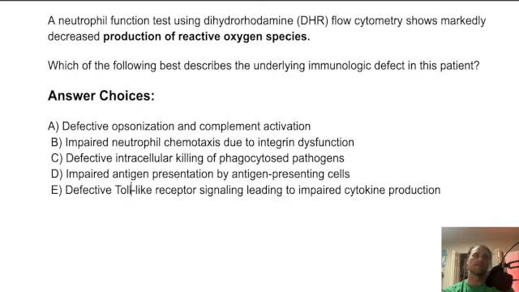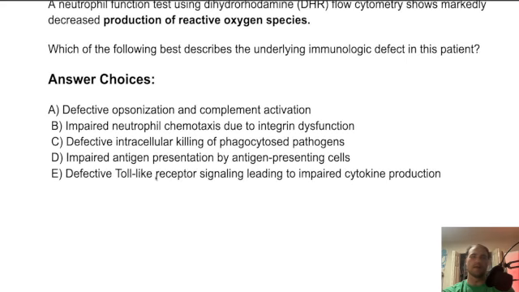E, defective toll-like receptor signaling leading to impaired cytokine production. That'd be seen in MyD88 deficiency, and that results in impaired innate immunity and susceptibility to pyogenic infections, like pneumococcal sepsis. And so that would not be catalase positive stuff.